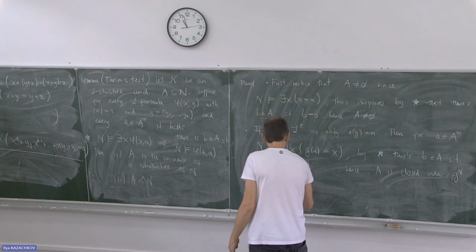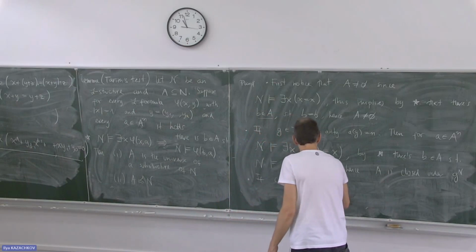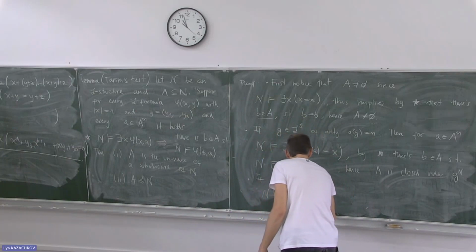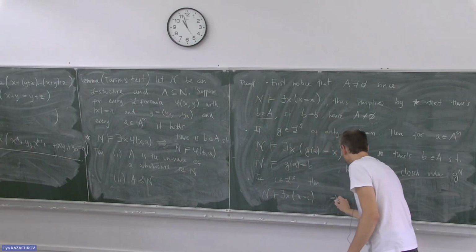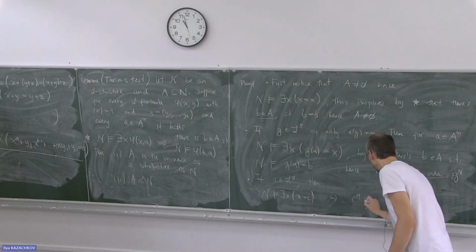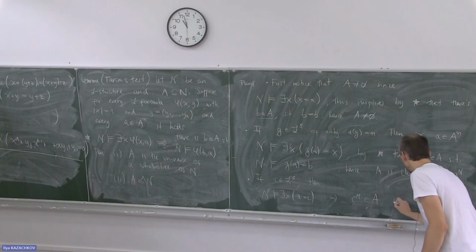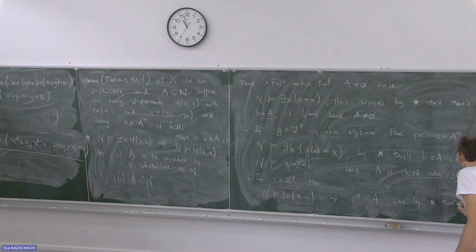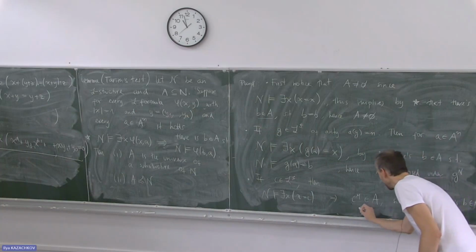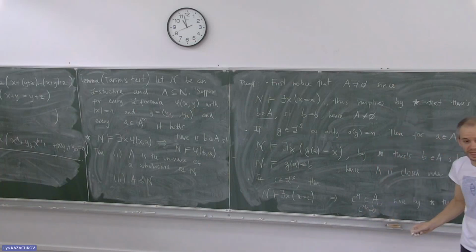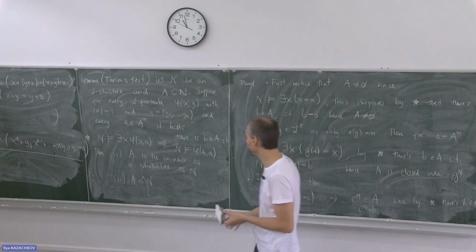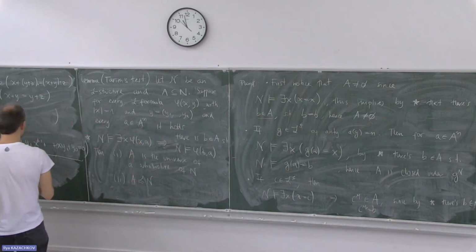If C is a constant of my language, then since N satisfies there exists an x such that x equals C, this implies that the interpretation has to be in A, since by star there is some B in A such that C of M equals B. So the constant symbols are also part of A.